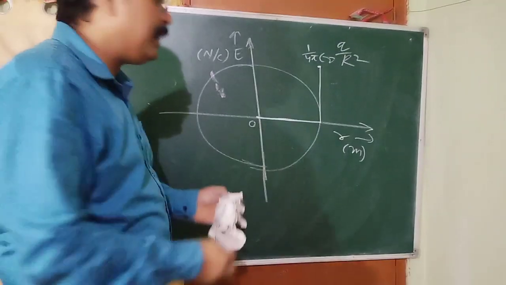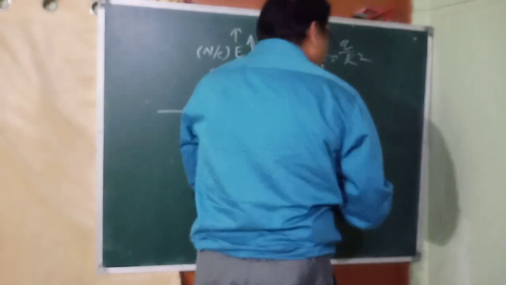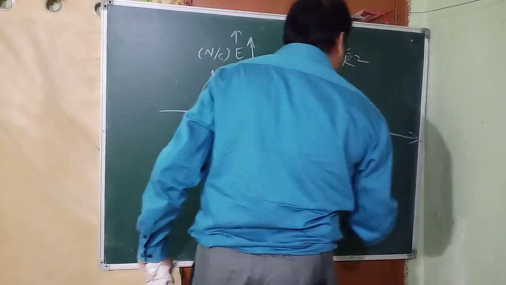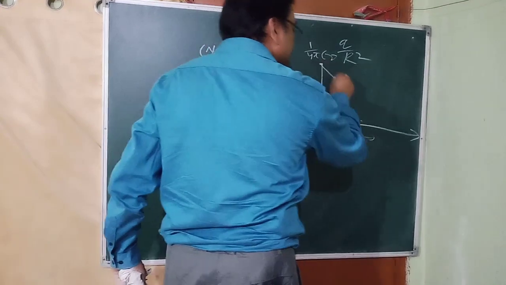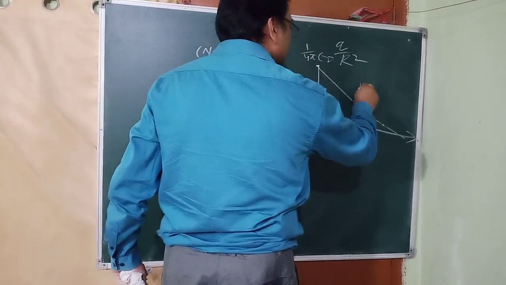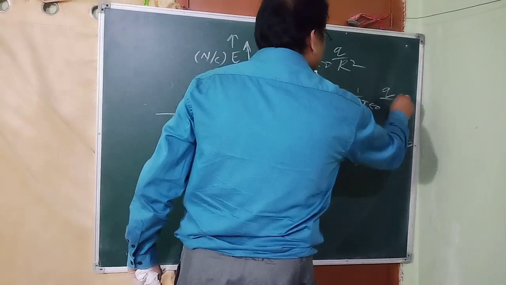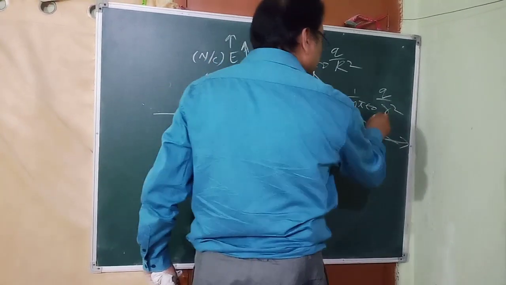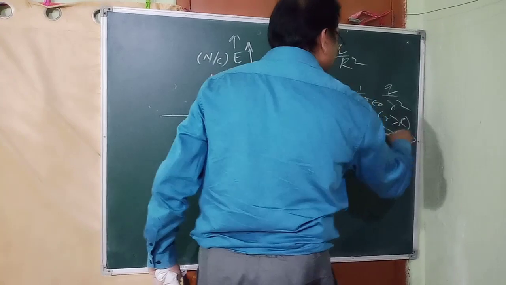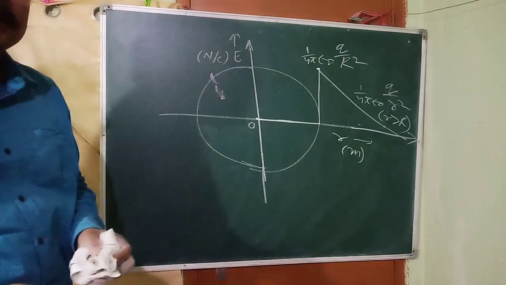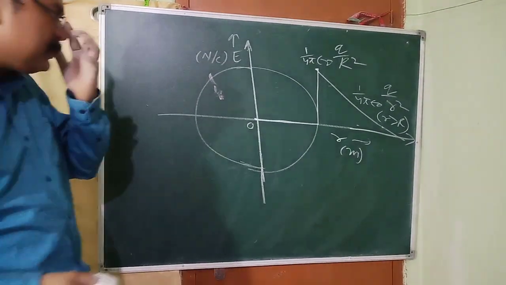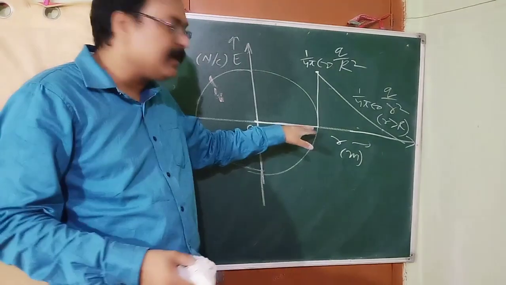And then as you move further away from it, that is outside, it decreases. That is 1 by 4 pi epsilon naught q by r square, where r is greater than capital R, as the point is outside. So this graph we get. Inside the sphere it is 0.